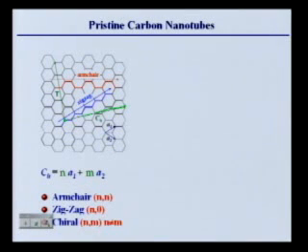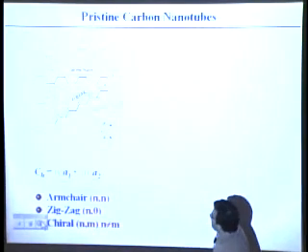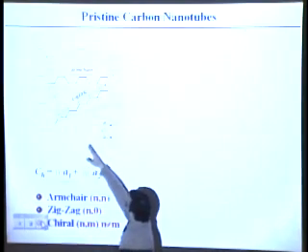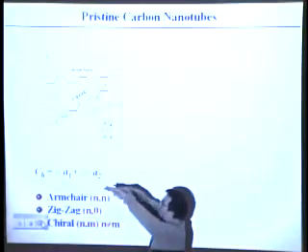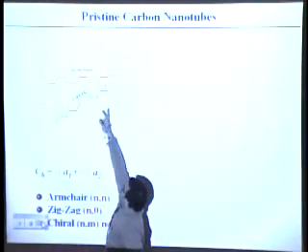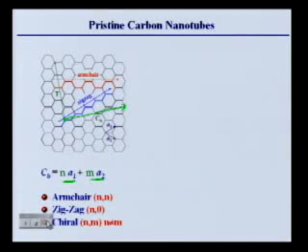On a graphene sheet you define a vector that is an integer number of times the two A1 and A2 primitive lattice vectors. Once you have defined this CH, you have defined your nanotube by cutting the graphene sheet perpendicular to this vector and rolling what you have cut so that the top of the vector touches the bottom, and so you have a perfect cylinder.